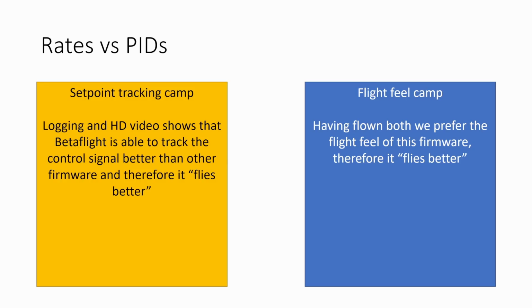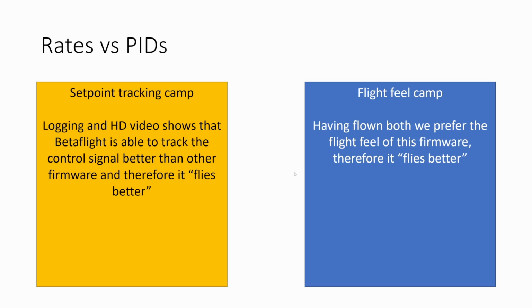I find that when talking about flight feel, people fall into two camps. There's the set point tracking camp, where people look at logging and HD video to see which firmware is able to track the control signal, or the set point, better than other firmware. And they would say that the firmware that's able to track the control signal best is the one that flies the best.